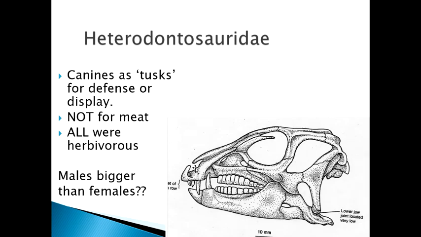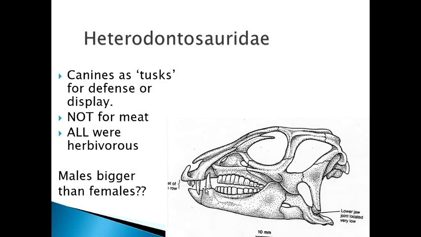But they also had prominent canines or tusks, which were typically viewed as being indicative of, well, a carnivorous lifestyle. You've got to go catch something, kill it.